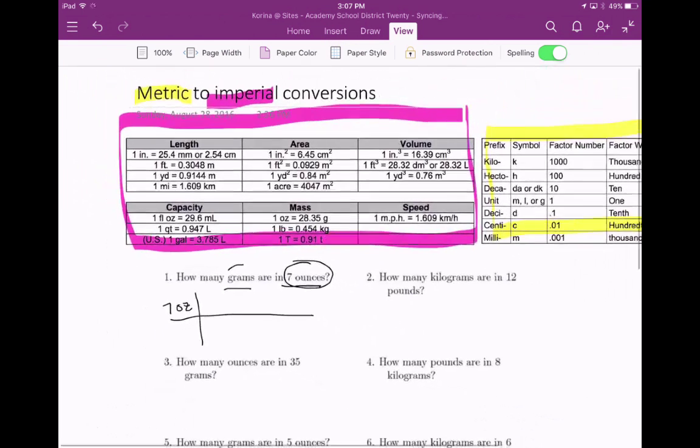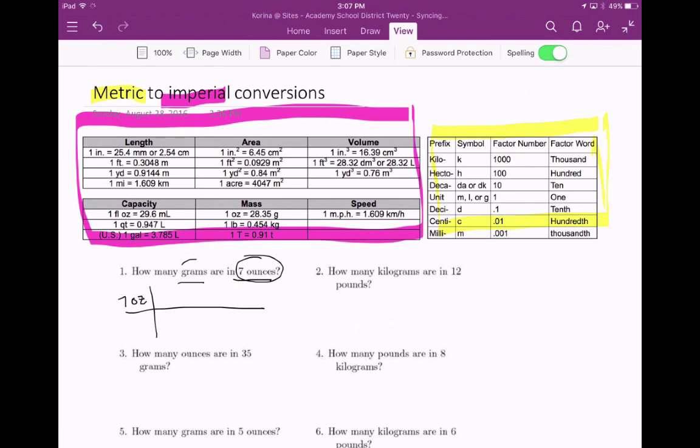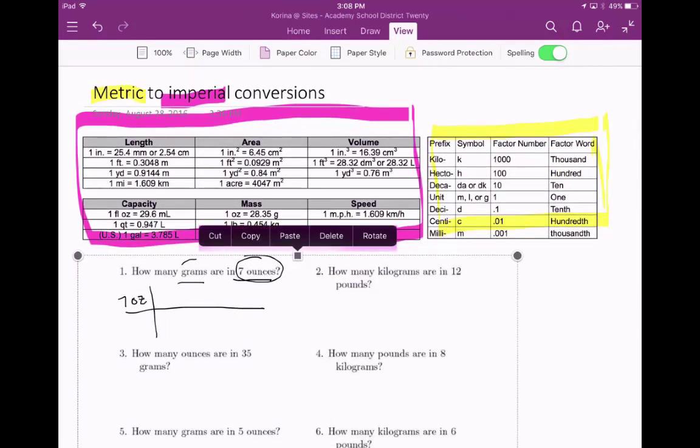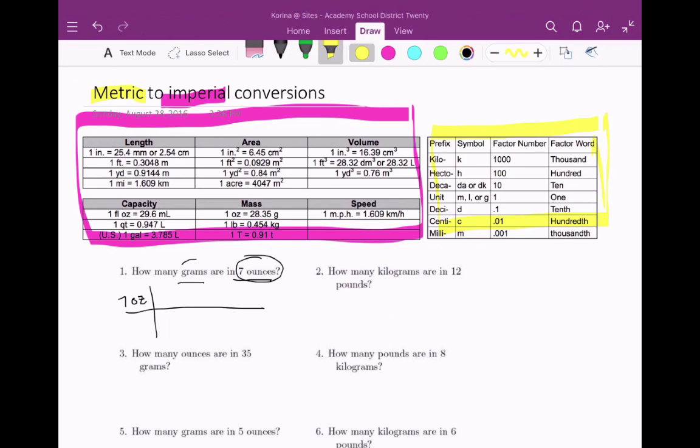When we look back at our reference table, we're going to try to get from ounces into grams. We know that grams is a unit of mass. So we're trying to go from ounces to grams. So right here we have a conversion factor. 1 ounce is 28.35 grams.